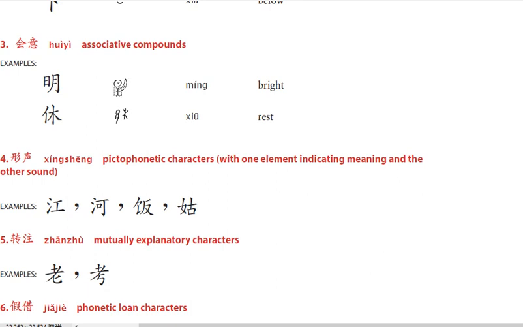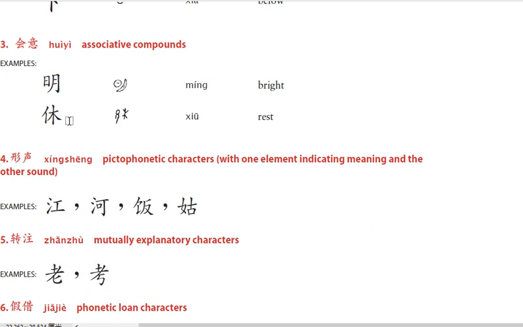So people put the moon and the sun together to indicate the meaning of bright. In modern script, it is written like this way. This is also 日, this is also 月, the sun and the moon. So these two indicate the meaning of bright.